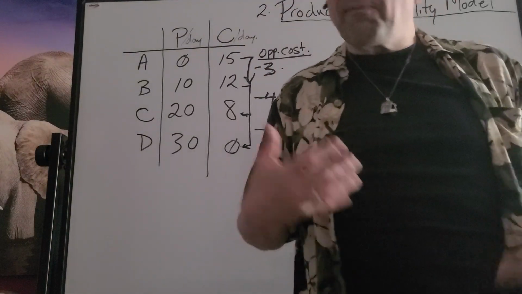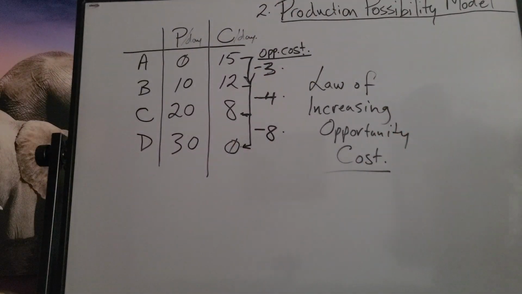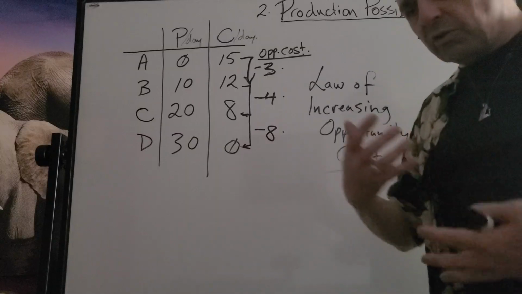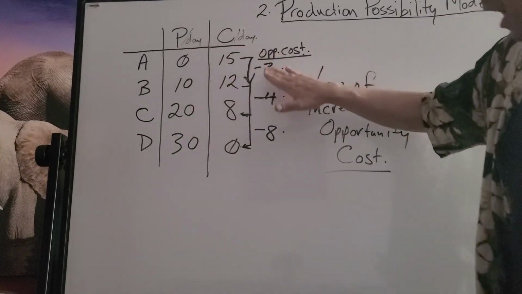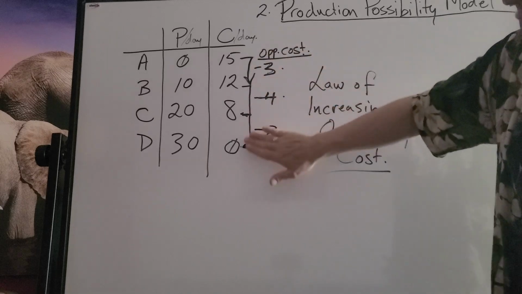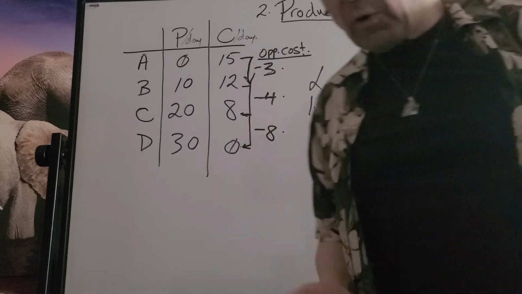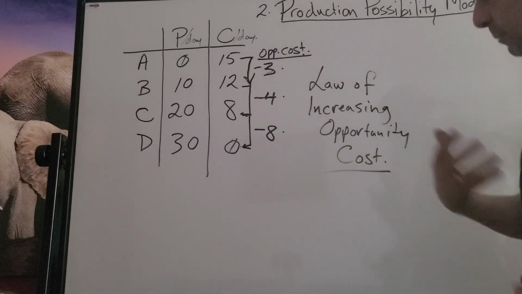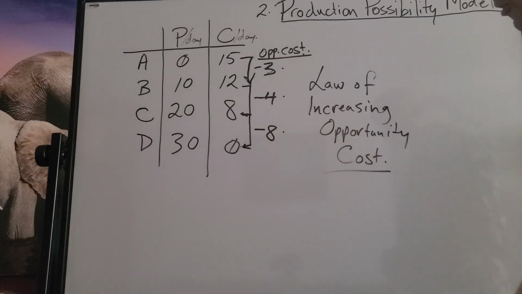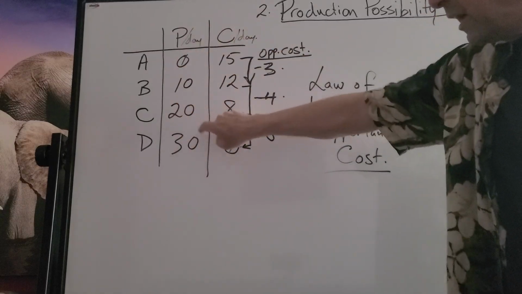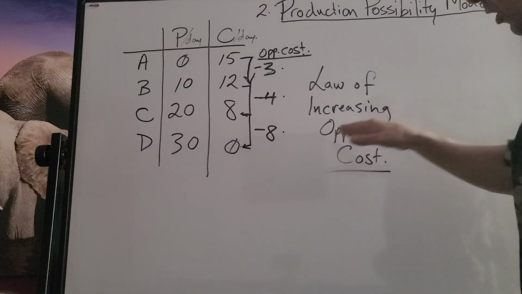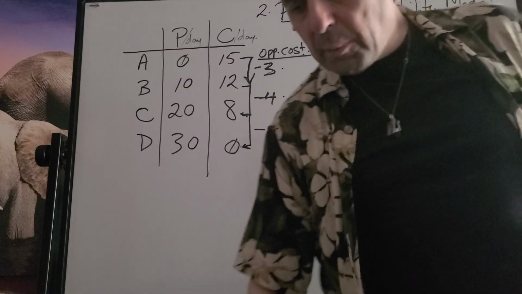We do tend to find in production that in the first part of production, our opportunity cost is lower than as we get further along, and maybe because factors get a little harder to acquire, or we have to give up a lot more in order for the production there. So we have a law of increasing opportunity cost.